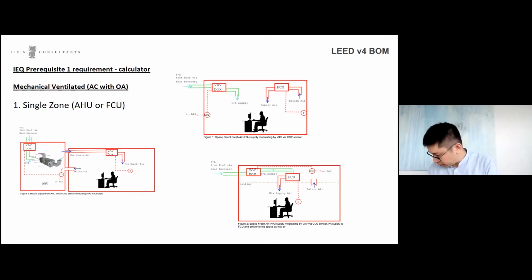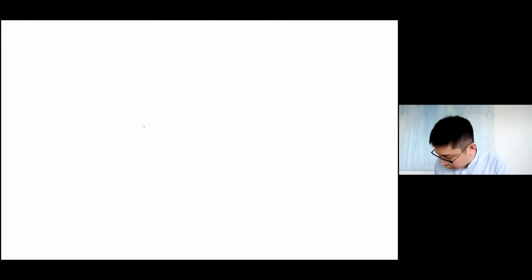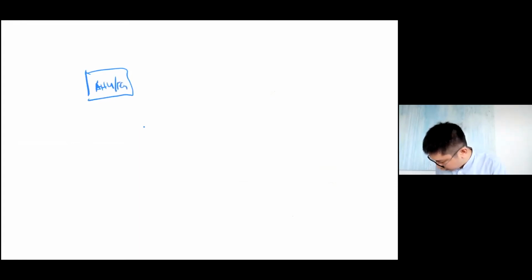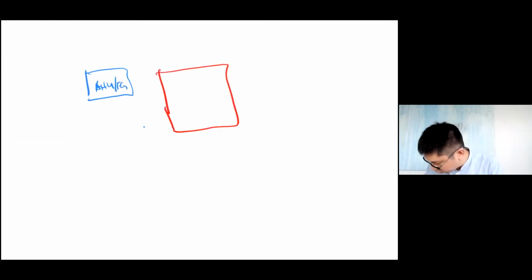Single zone means you have an AHU or FCU. It doesn't matter whether it's AHU or FCU, as long as it's served by one zone. You have mixed air going in, and then you have exhaust air, and this air circulates back again.